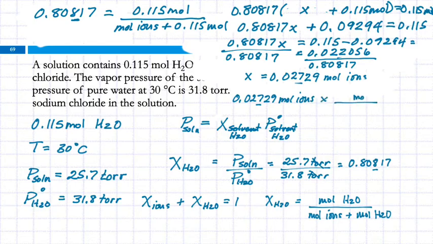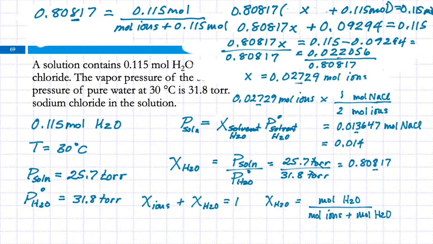I want moles of sodium chloride. How many moles of ions do I get from 1 mole of sodium chloride? 2. I get a mole of sodium ions and a mole of chloride ions, so 2 moles of ions. So I'm going to take that number and divide by 2, and I should get 0.013647 moles of sodium chloride. With sig figs, I could be wrong, but I think it's 0.014 moles.